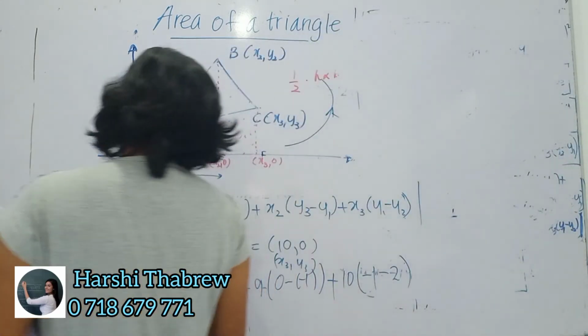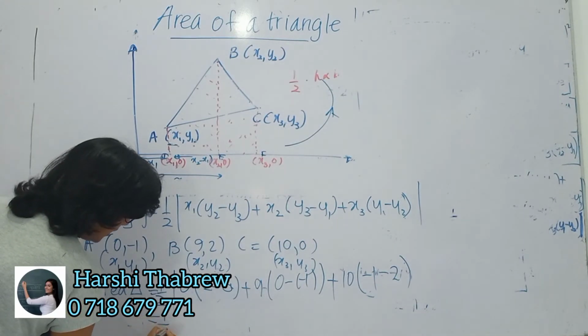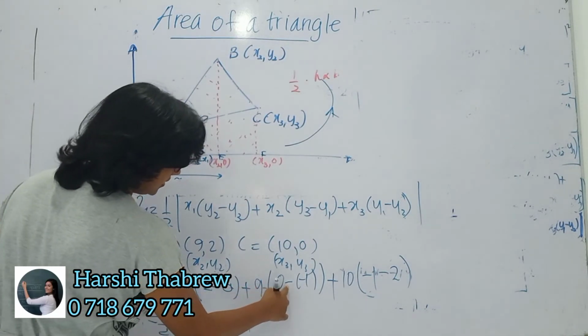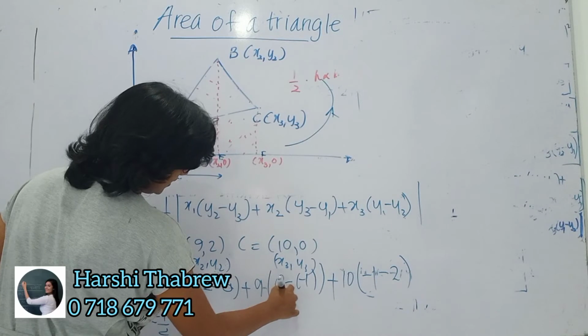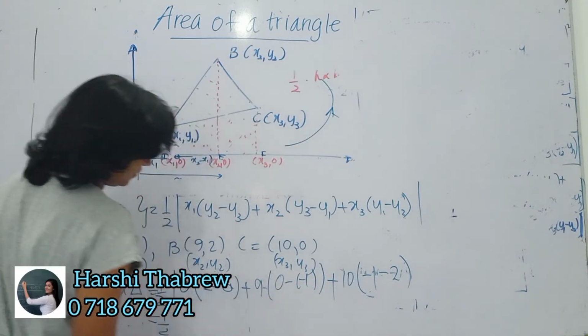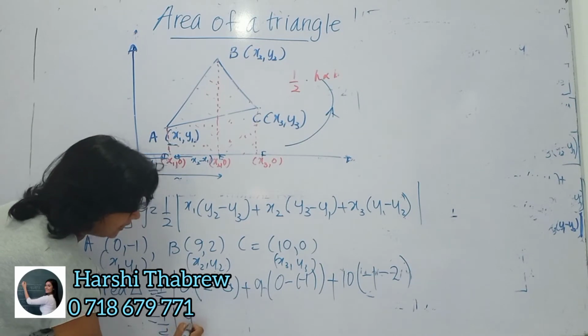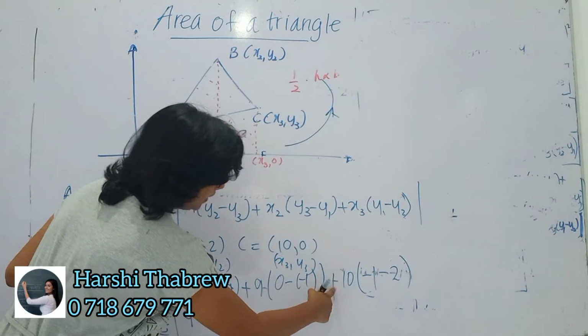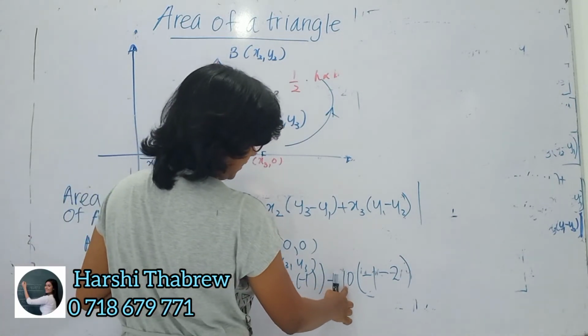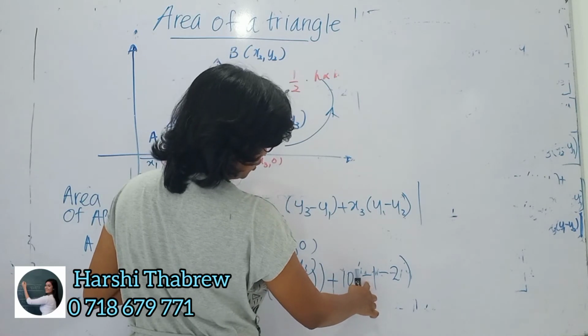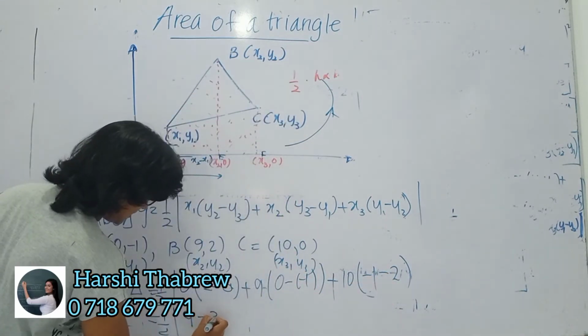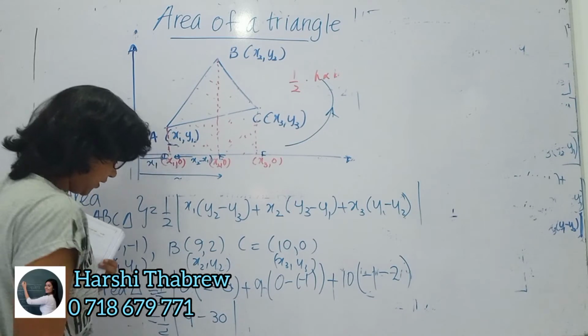Then it's equal to half times, this is 0, this is 9 times 0 minus -1, then it's 9 into 1, it's 9 here plus 10 into -3 is -30.